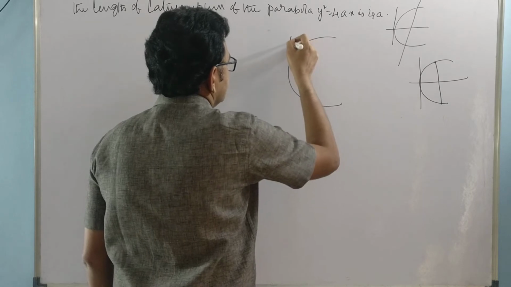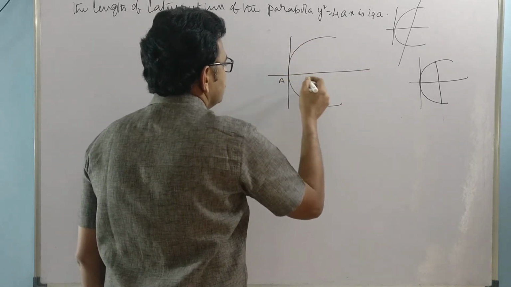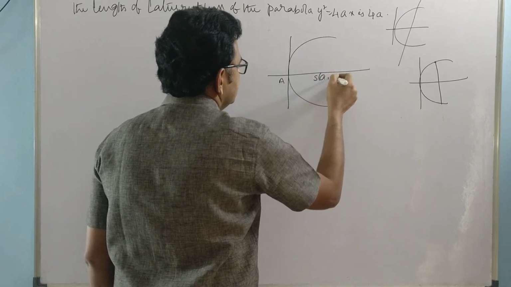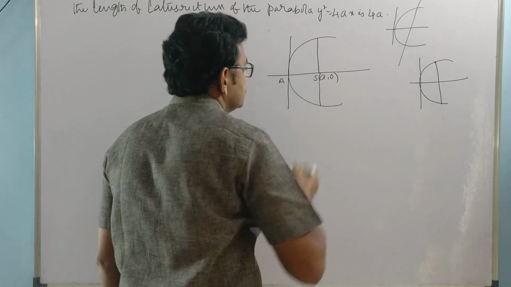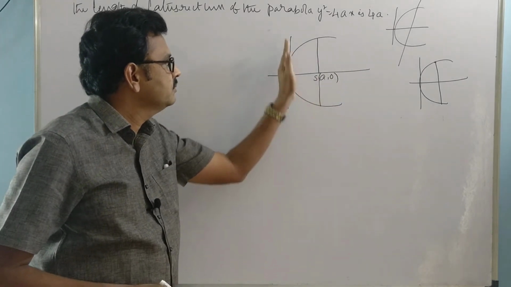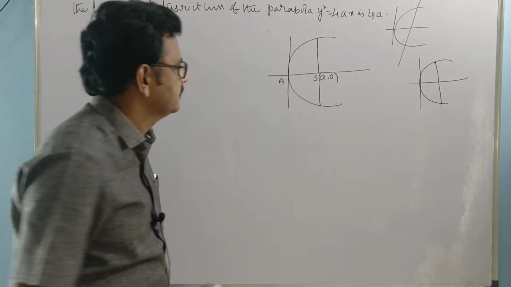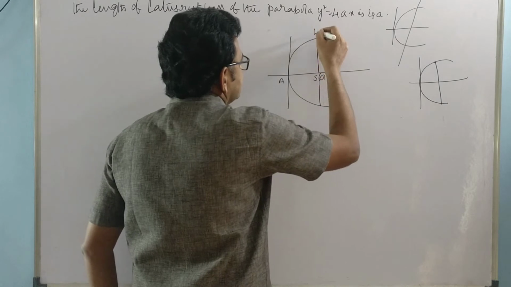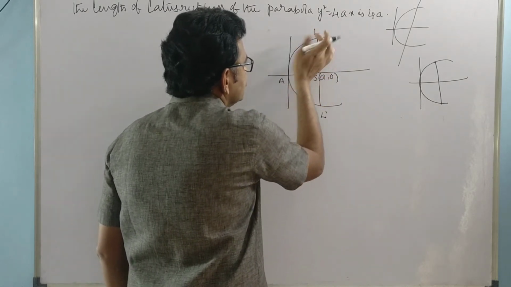See here, this is the parabola. Vertex is 0, 0, focus is a, 0. So latus rectum means the chord which passes through the focus and is perpendicular to the axis of the parabola. Let the points be L and L dash. So this distance is a, and this is also a.